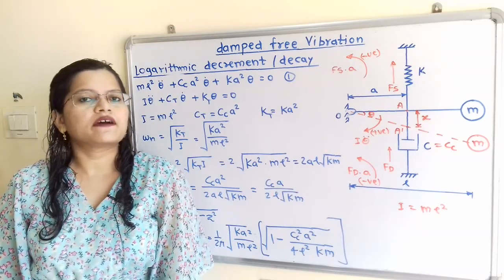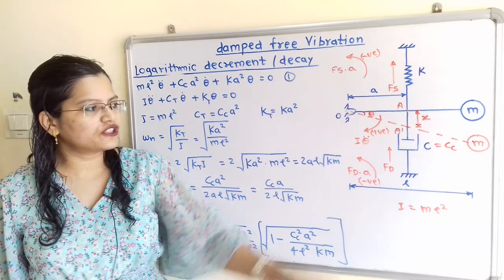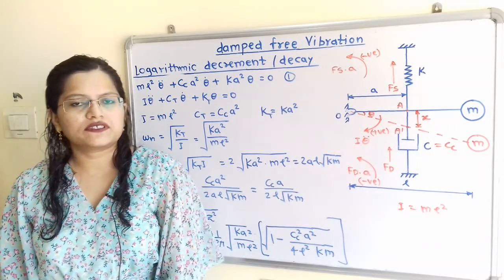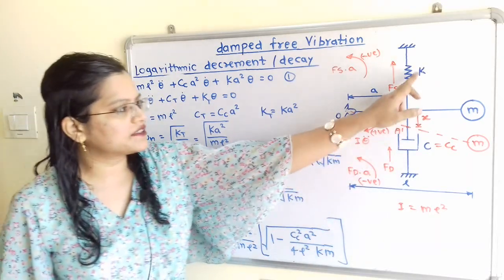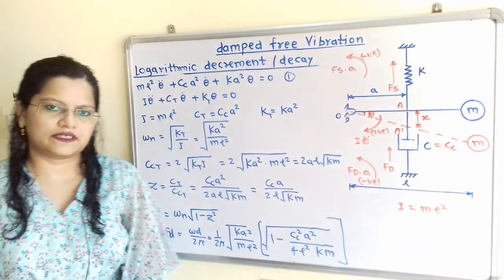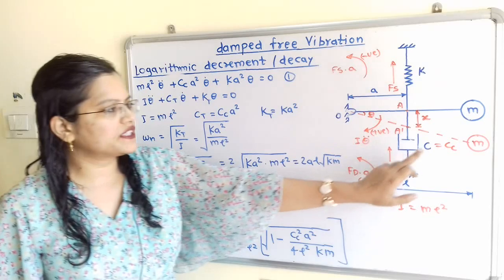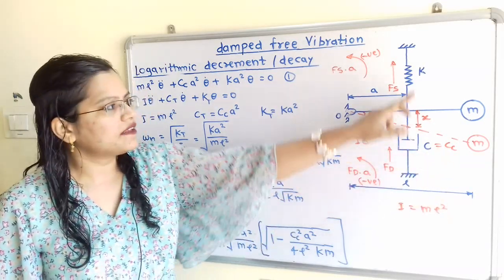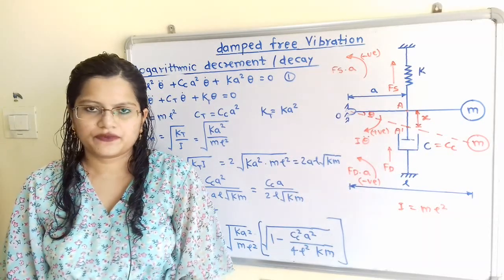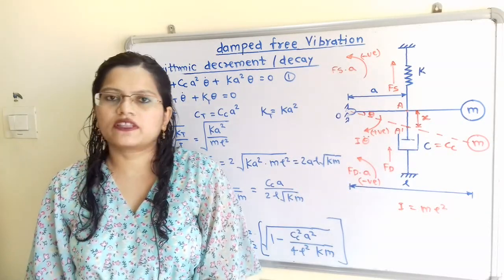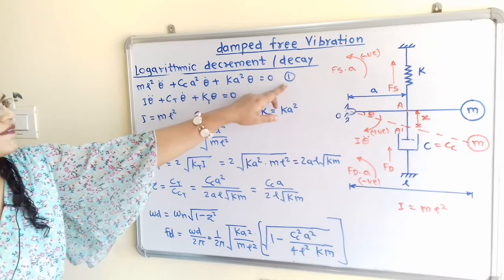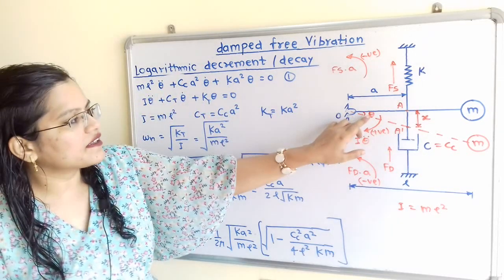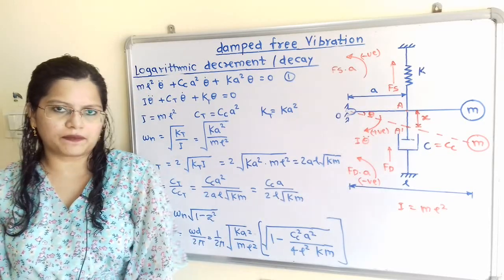Now we will compare the differential equation of motion for this system with damped free vibration. Because if we observe this system, this is the spring, mass and damper system. But here the condition is given that this system is critically damped and the arrangement is different. Now if we observe this differential equation, that is the equation number 1, then it is in terms of theta, because here the angular displacement is taking place.